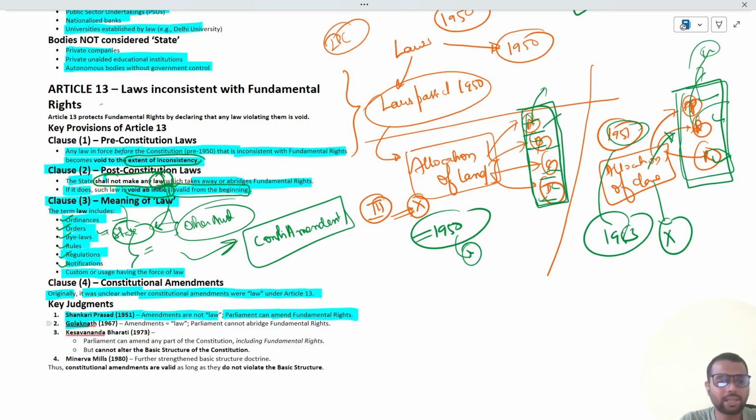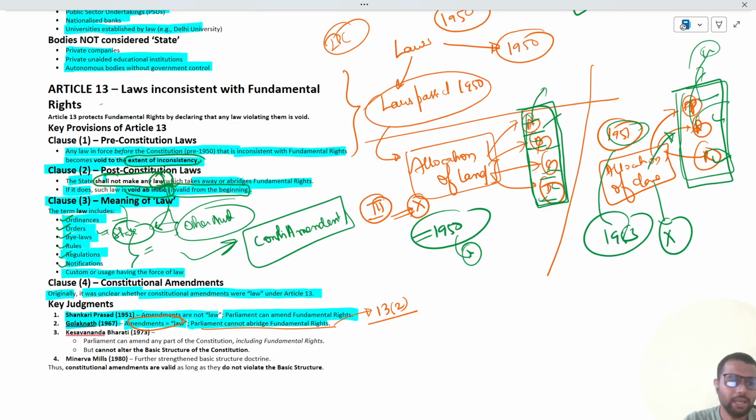But in the Golaknath case, it says that the amendments specifically mean law. That means the amendment is equal to the law, and the parliament cannot abridge fundamental rights, because if amendment is law, then if the parliament amends the constitution, it will come in violation of Article 13 clause 2.